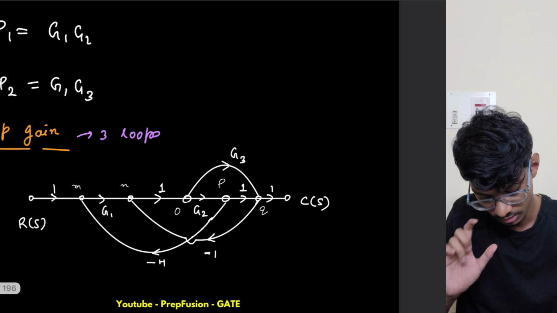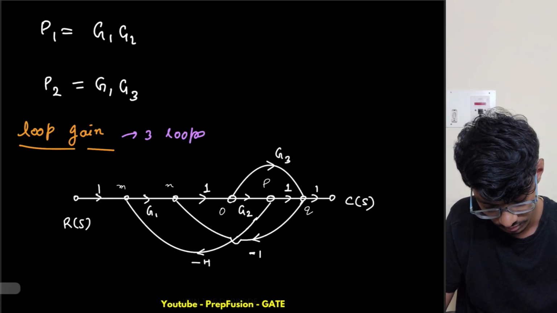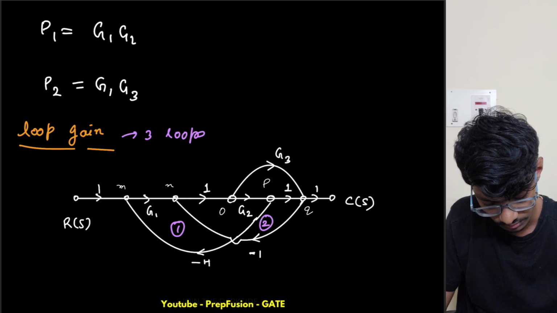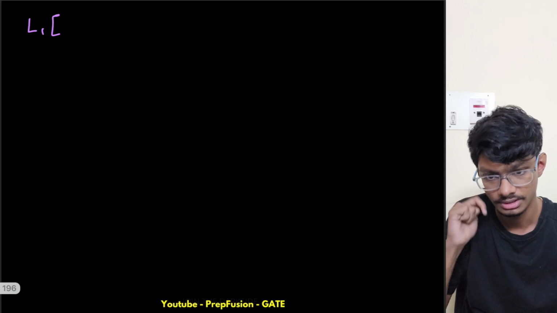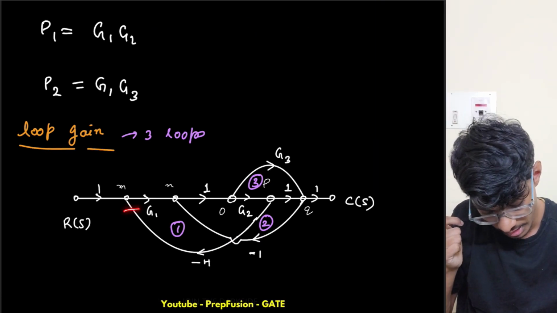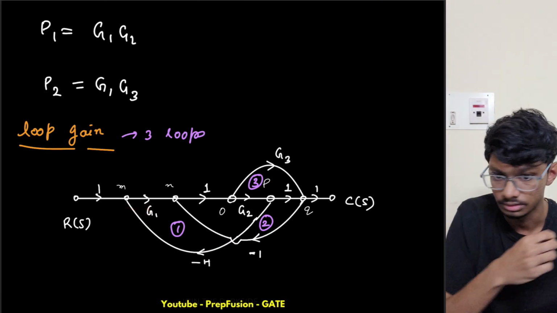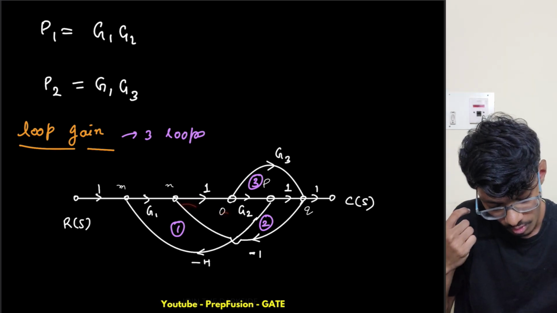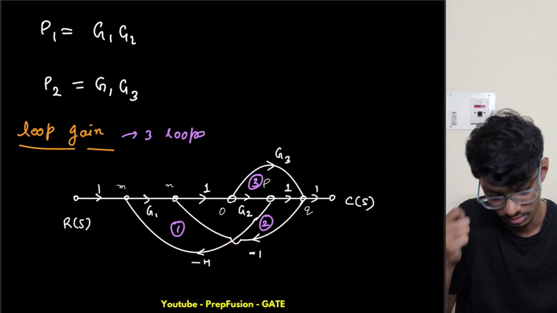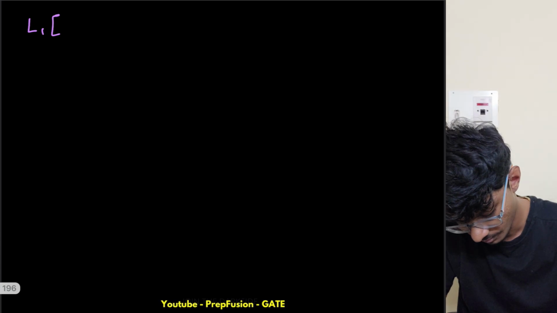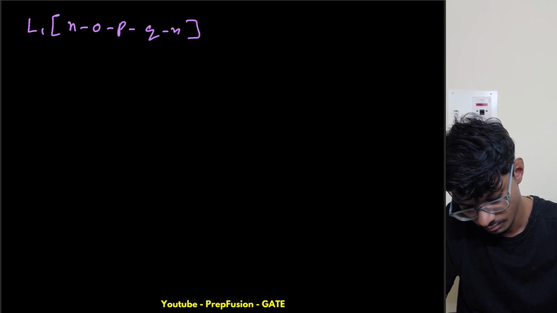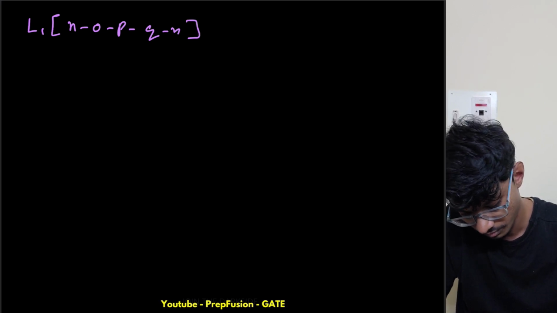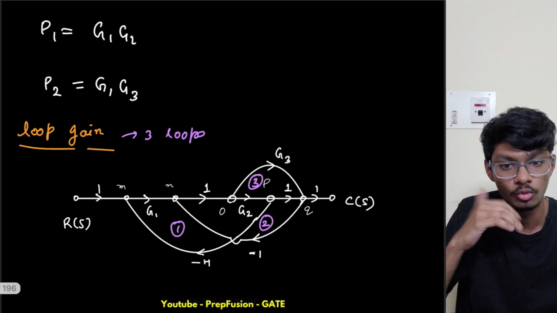So what is L1? Let me name the first loop. This one is the first loop, this one is the second loop, and this one is the third loop. I'm not marking the points exactly. So L1 is simply we're going from N to O to P to Q, then again coming back to N. What is the loop gain for this?